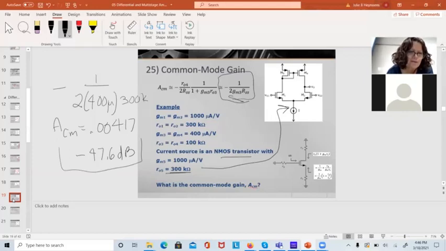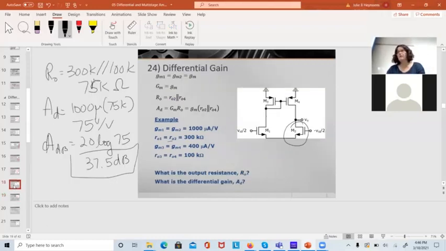Now, if I wanted to find the common mode rejection ratio, I've got a quick trick here because I've converted these things into dB. Common mode rejection ratio is the differential gain over the common mode gain, magnitude. Okay, my differential mode gain is 37.5 dB.